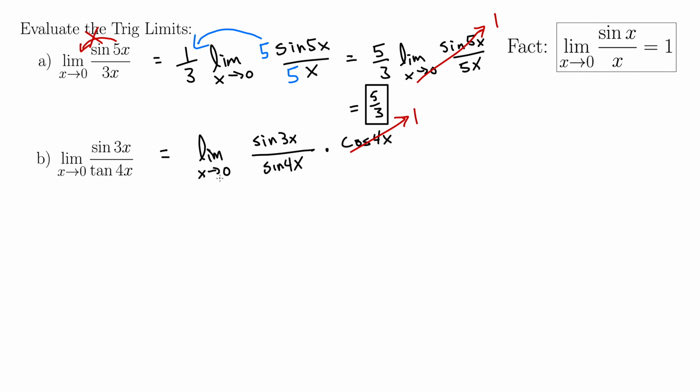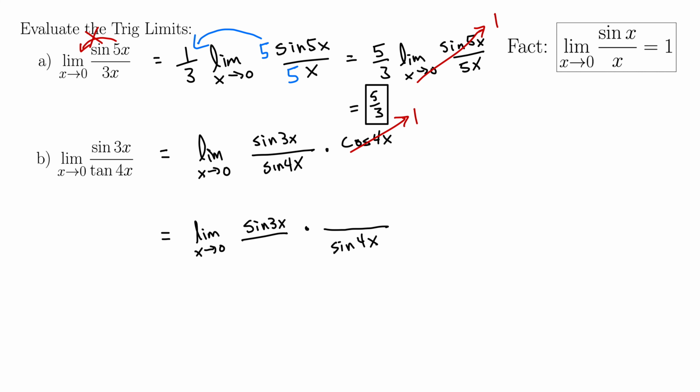So let's do that. I have the limit here as x goes to 0. Let's break this up a little bit. So I have sine 3x over something, and then times sine 4x down here, and then our cos 4x, we just stopped looking at that.